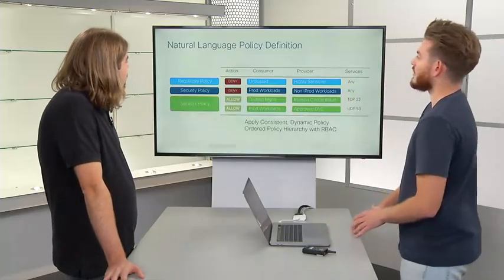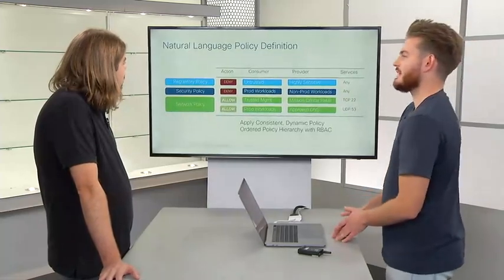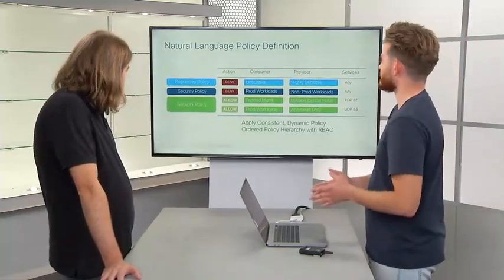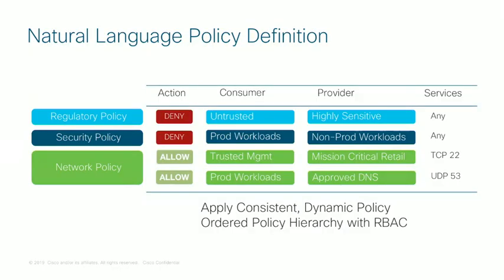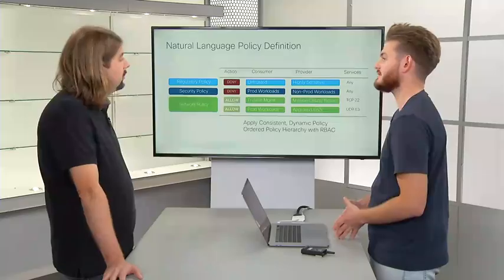So alongside the context that we pull in from the external orchestrators and systems like that, we also help you define policy in a natural language way. We're going to discover those automated policies, but all organizations also happen to have policies that exist outside of the application. They might be regulatory policies, they might be blanket security policies, or they might be network-specific policies.